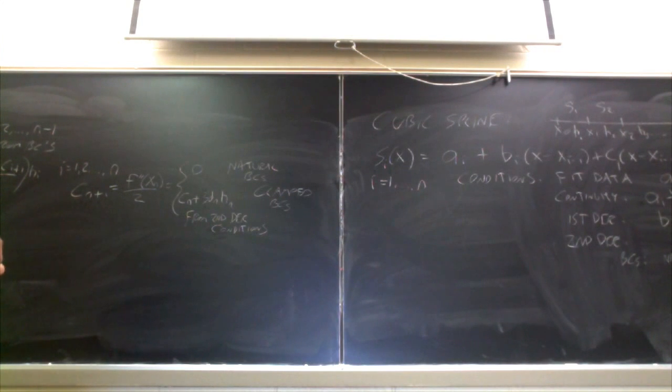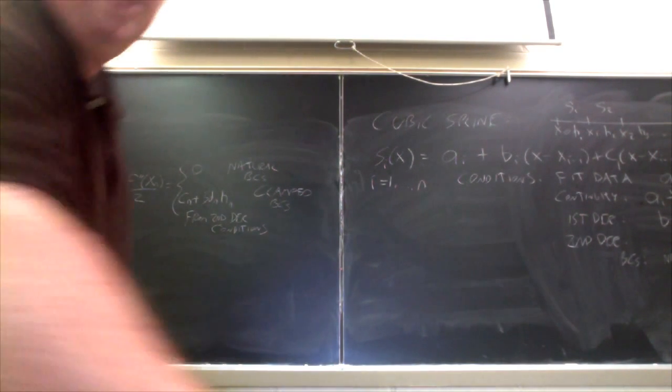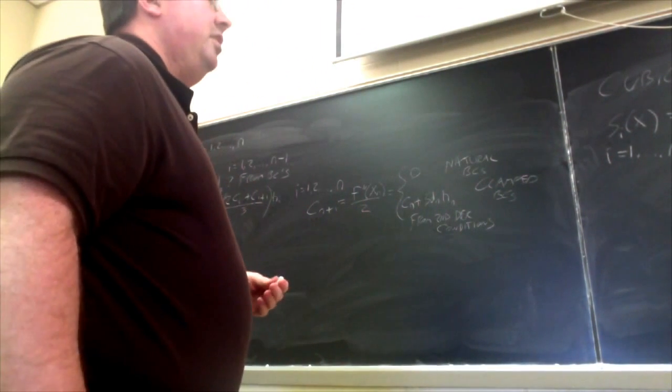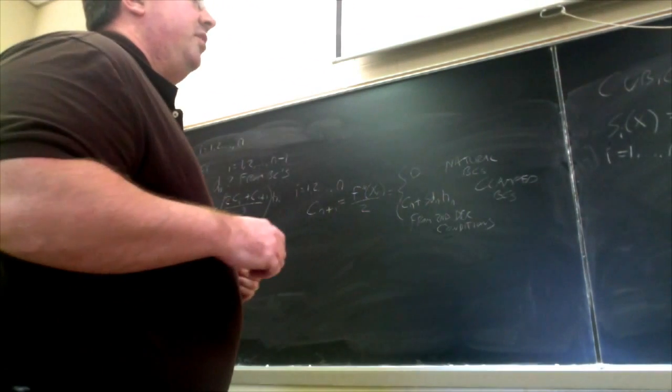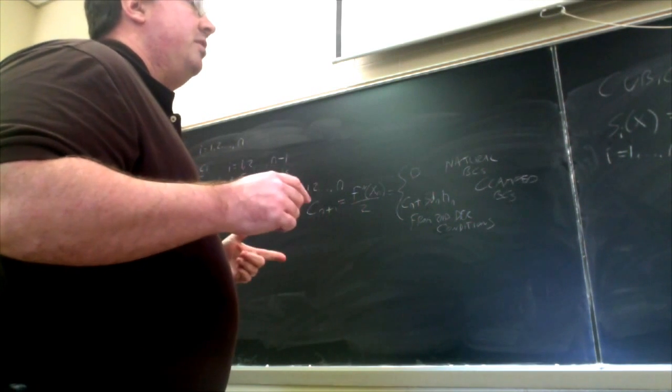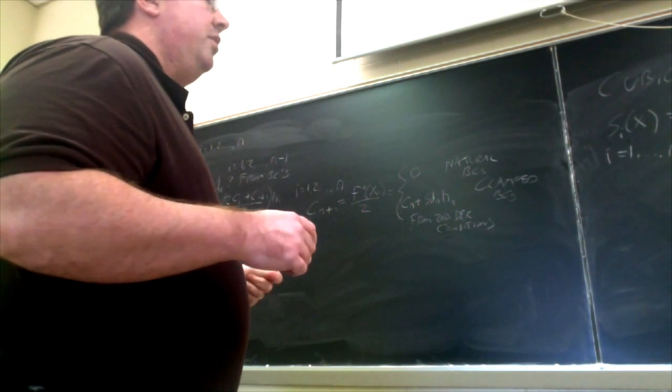So now I have a way to eliminate the b's, the d's, and the a's. The only thing left is the c's. And the only equation I haven't made use of yet is the equation requiring the first derivative to be continuous. So I can take my formulas for my b's and d's and put them into that. It's the only equation that involves the c's only once.